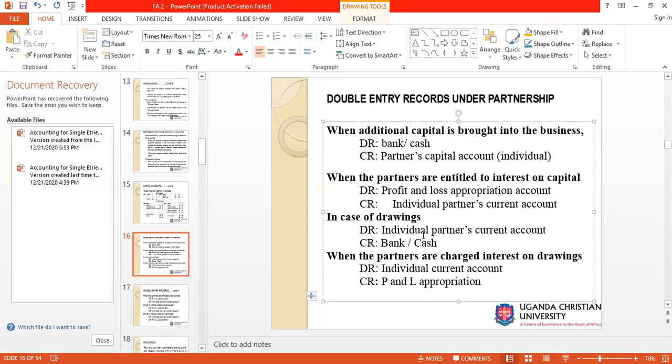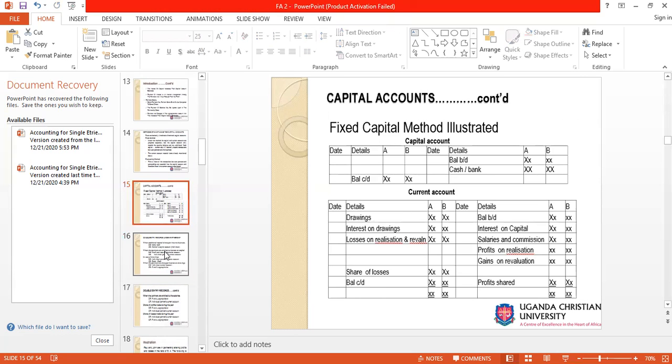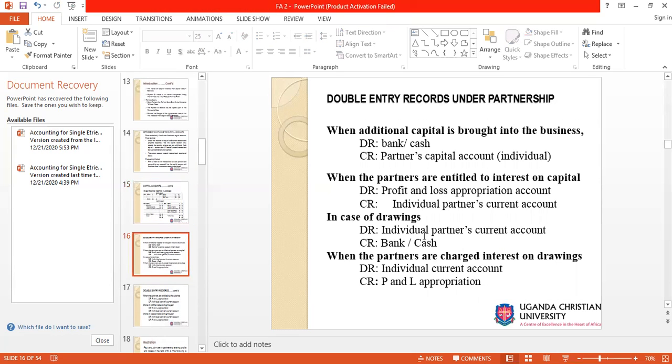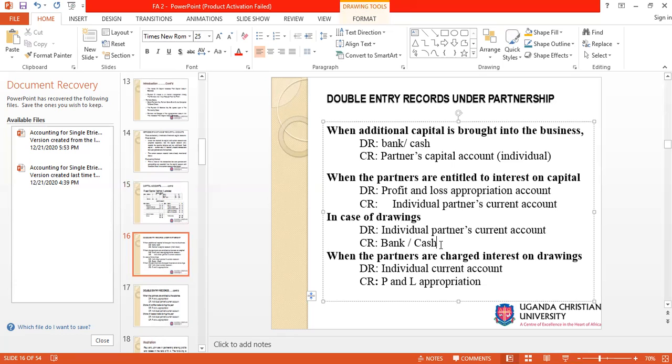In case of drawings, debit the individual partner's current account, then credit bank. When the partners are charged interest on drawings, debit the individual current account, then credit profit and loss.